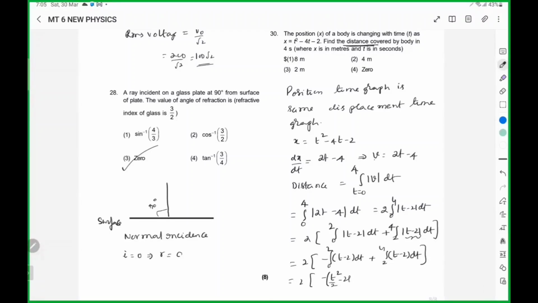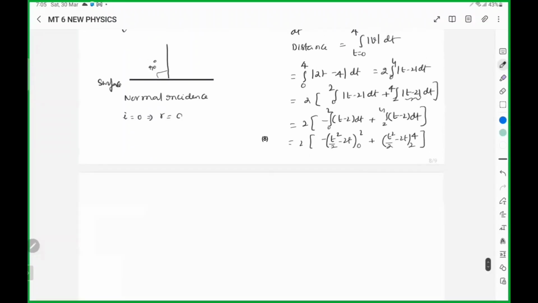Minus t square by 2 minus 2t plus t square by 2 minus 2t between 2 and 4. Here it is 4 by 2 minus 4 upper limit. Here it is 16 by 2 minus 8, minus 2 square by 2, that is 2 minus 4. 2 times 2 here, 0 plus 2. That is totally distance.